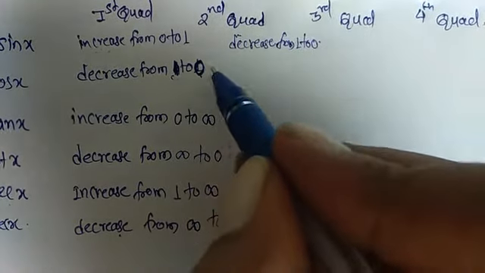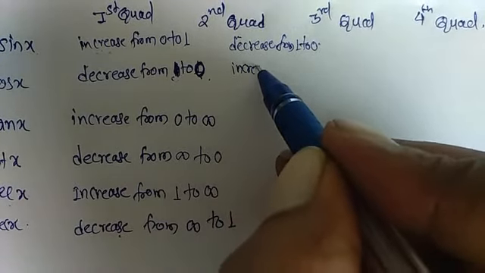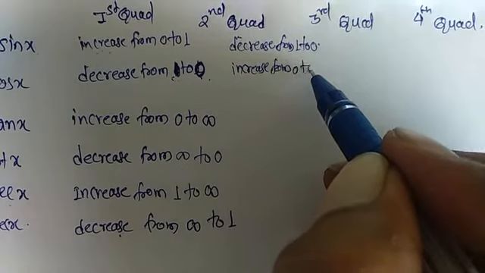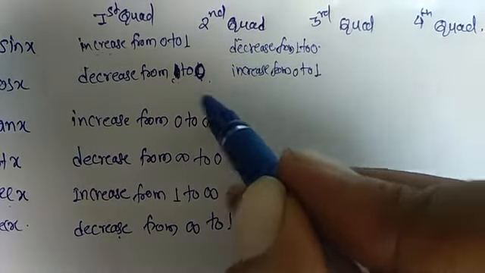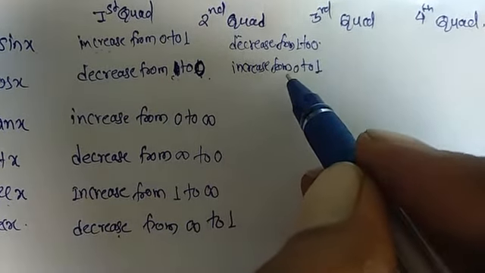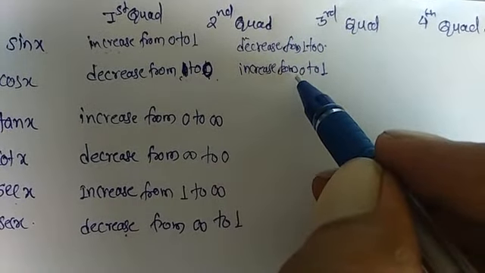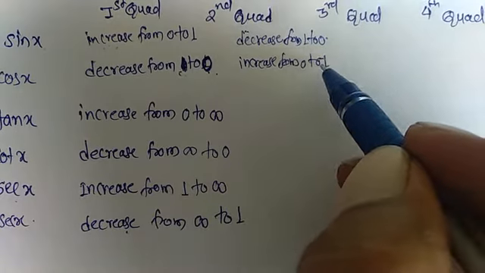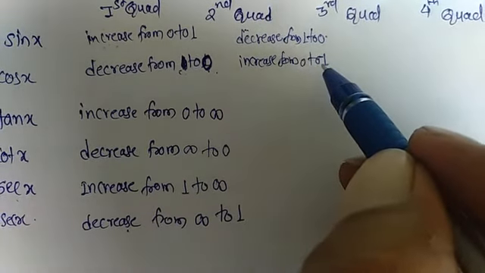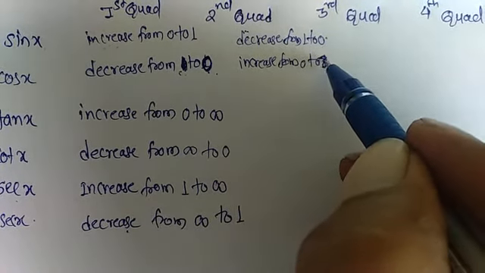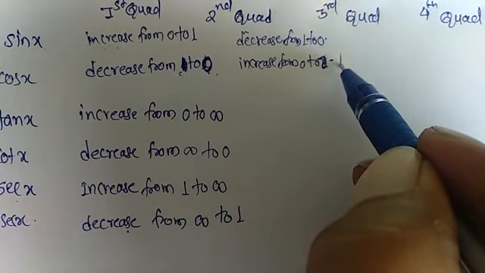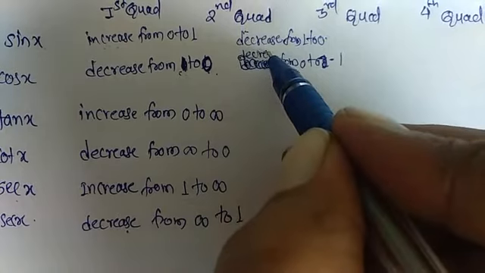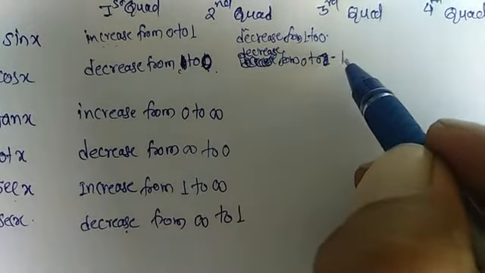Cos x: cos pi by 2 is 0 and cos pi is minus 1, so it is decreasing from 0 to minus 1.